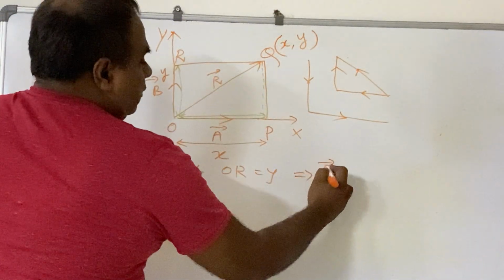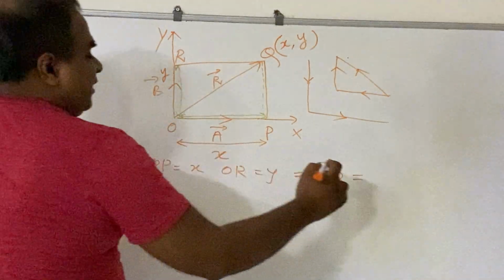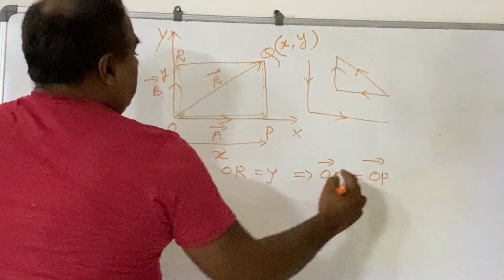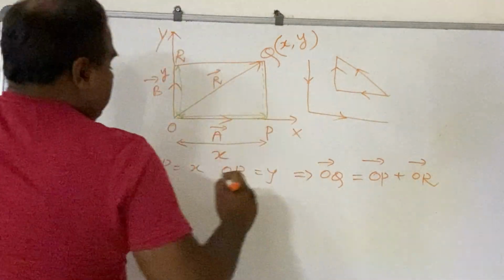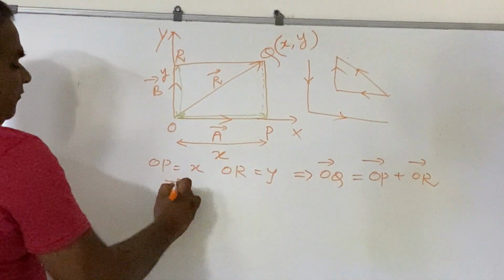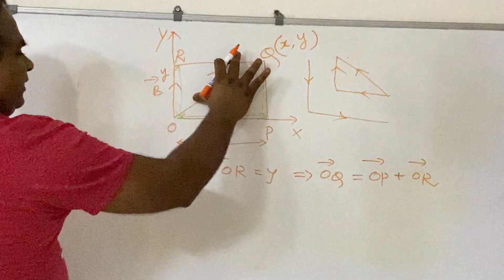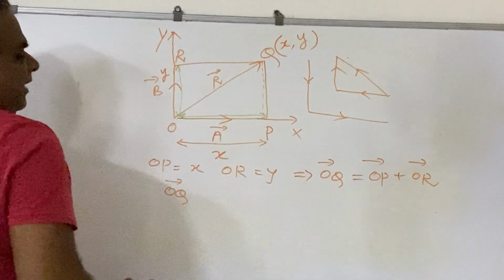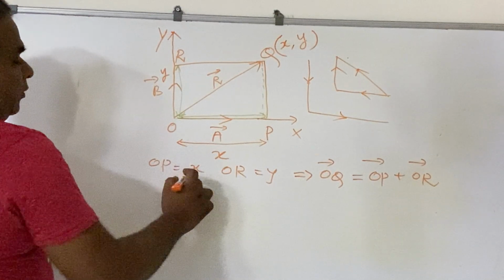Vector OQ is equal to vector OP plus vector OR. This is the parallelogram law. The resultant is equal to the sum of these two vectors, that means the diagonal.